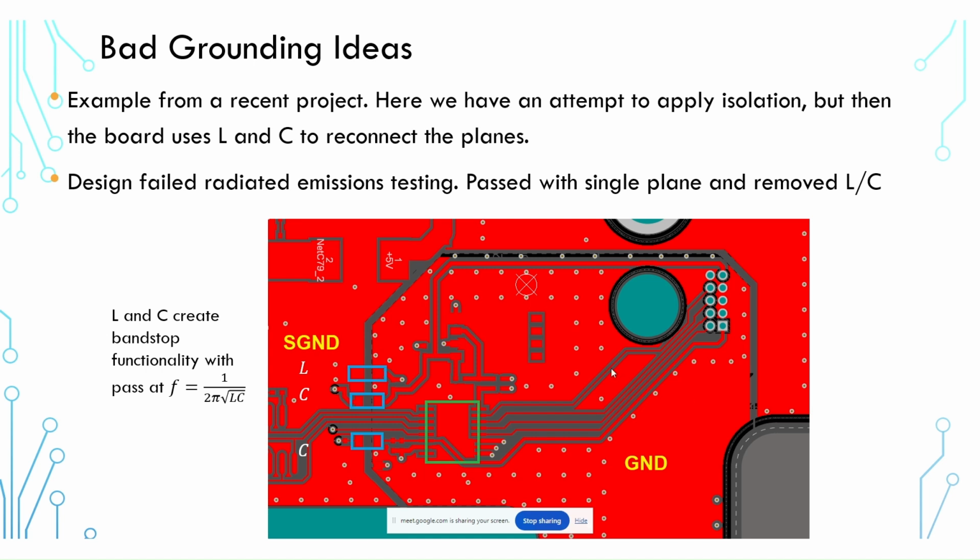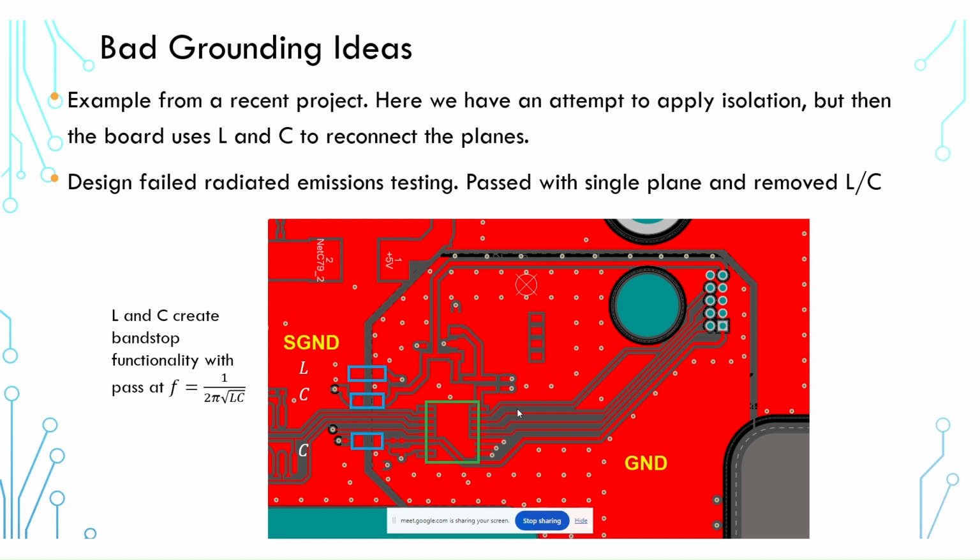And basically what they've done is they tried to create this ground island for these signals. This ground island was basically disconnected from all other regions with ground, and so we had two differently named nets. Here we had the ground net, and then here I think this was supposed to be called the system ground net.